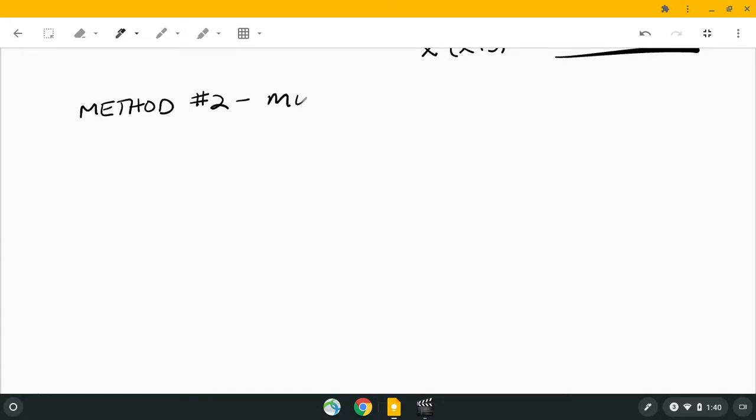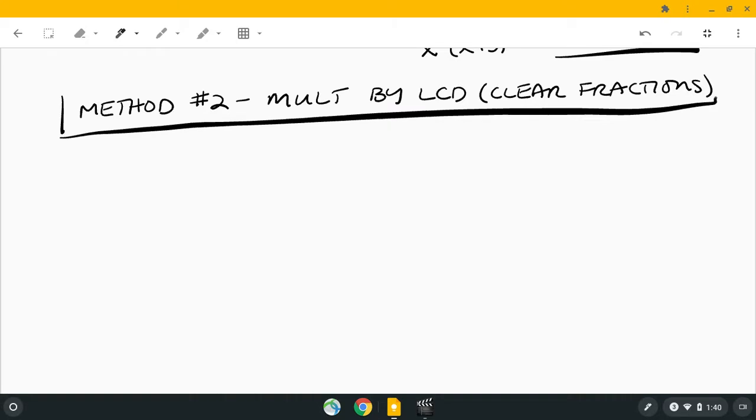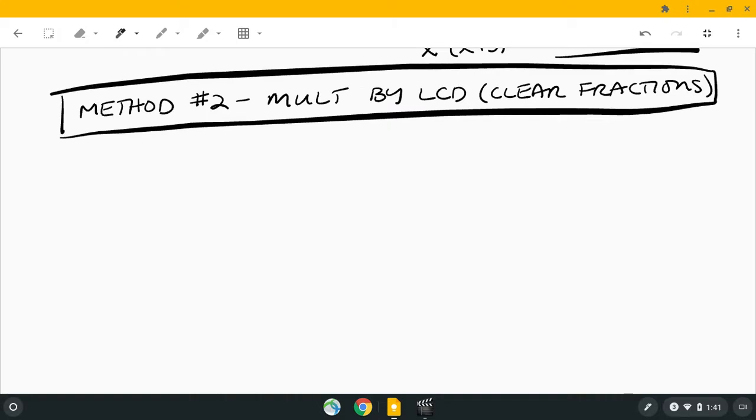It's to multiply by the LCD, to clear fractions. Let's have a look at the same problem: 2 over x plus 5 all over x plus 3.